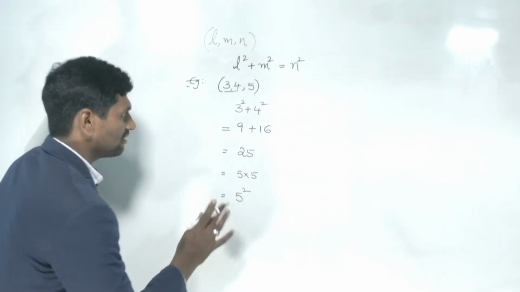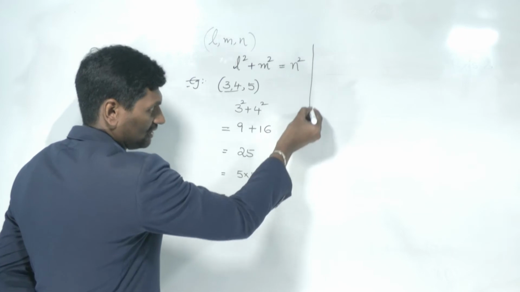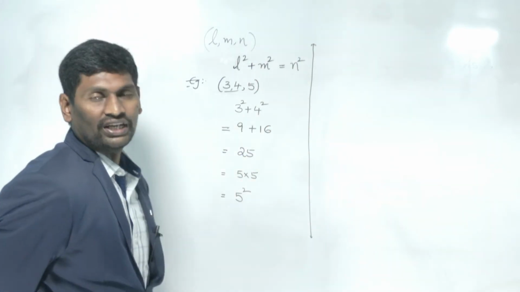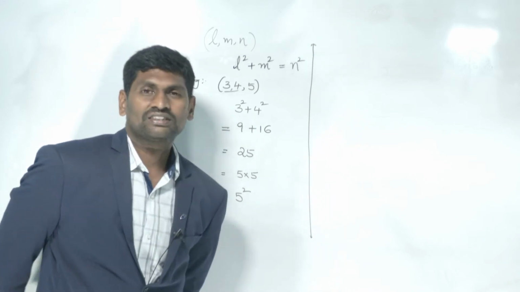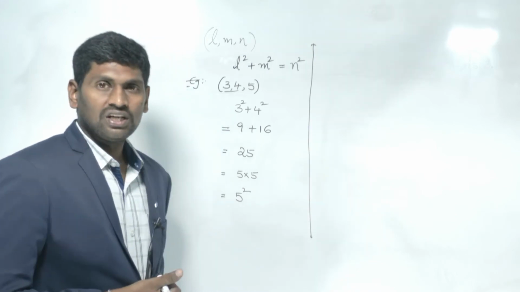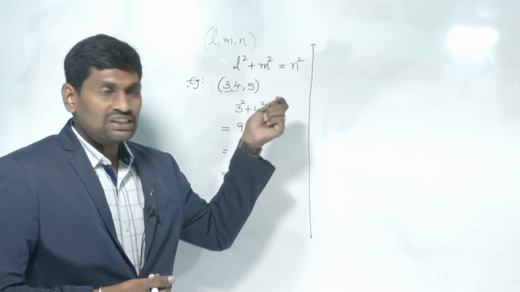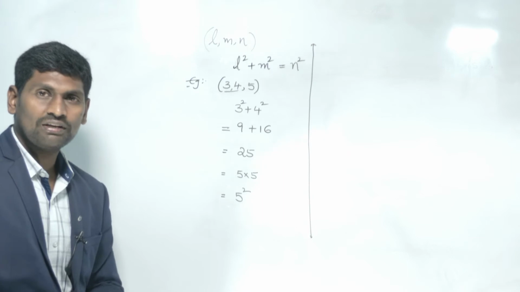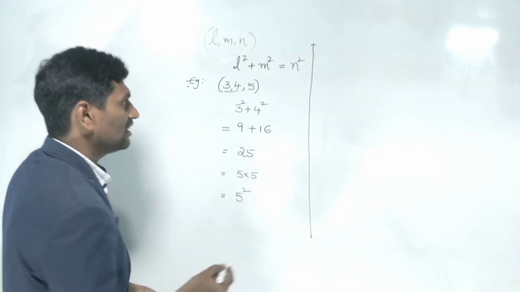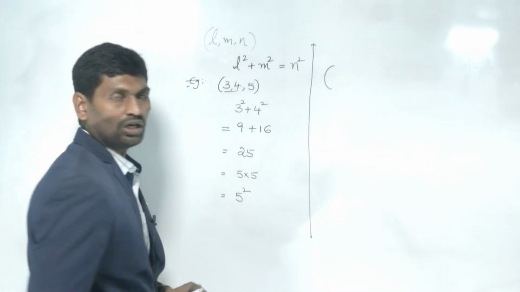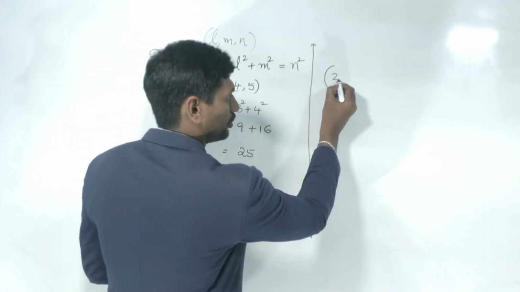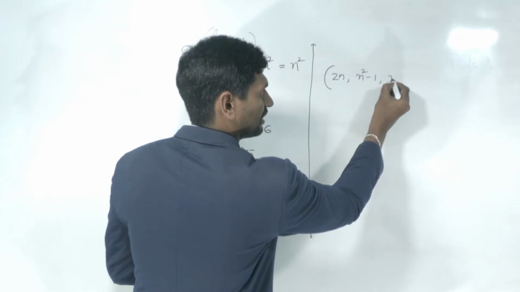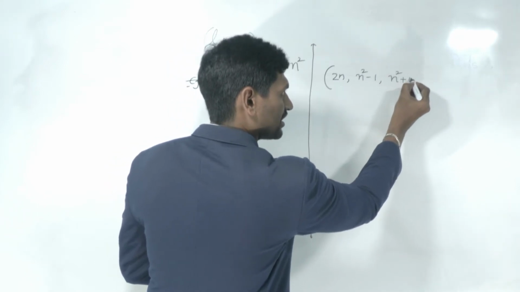Okay, until then we got it, right? But sometimes, to create or find more Pythagorean triplets, all the numbers in the triplet follow one condition. That means they are in the form of 2n, n square minus 1, n square plus 1.